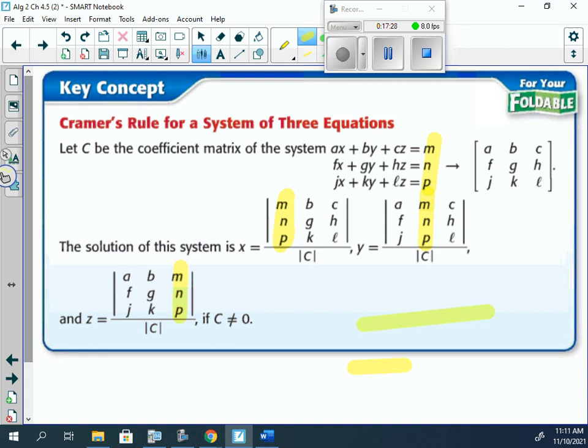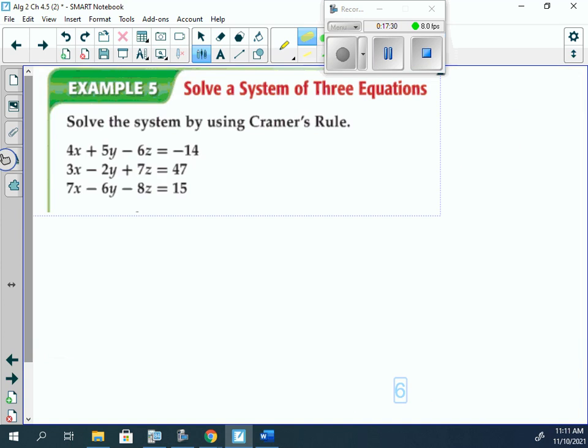So, solve the following system using Cramer's rule. Well, the numerator, we're going to take the 3 values for x and replace them with what the equations are equal to. That would be negative 14, 47, and 15.